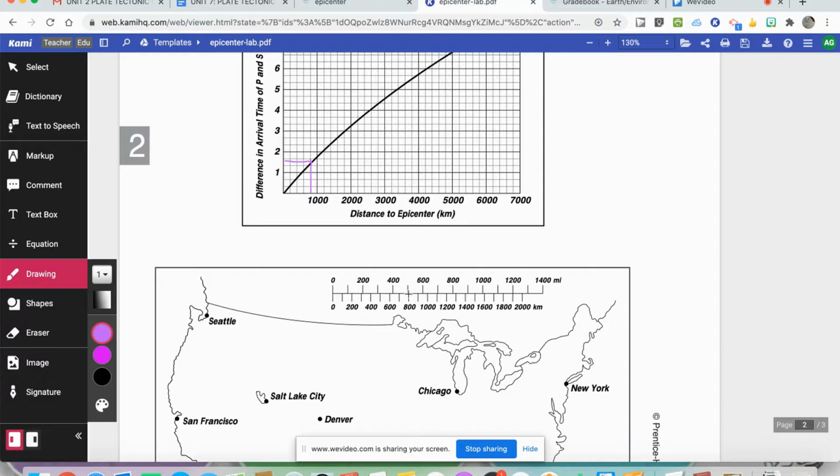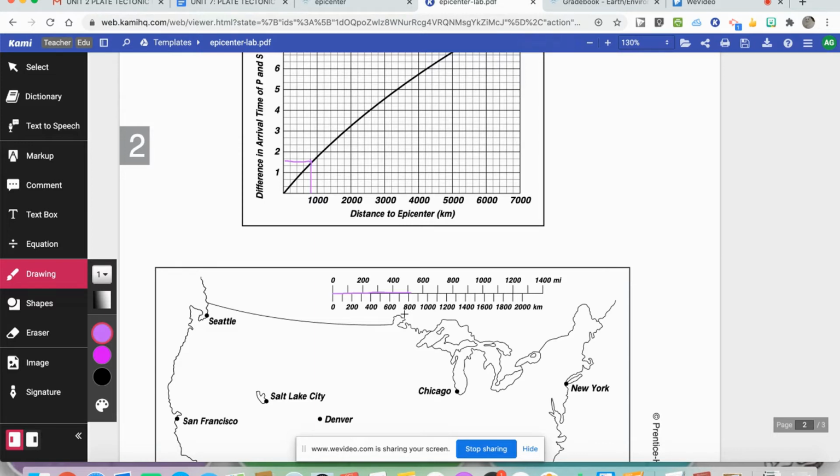You're going to take your compass, and this is the distance that you would be measuring from here to your 800. I have another video, not by me, that is going to show you how to use the compass and then how to measure that so that you can get your circles for each of those 3 cities.